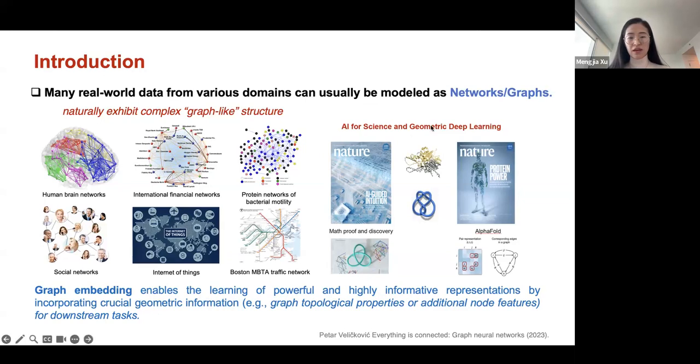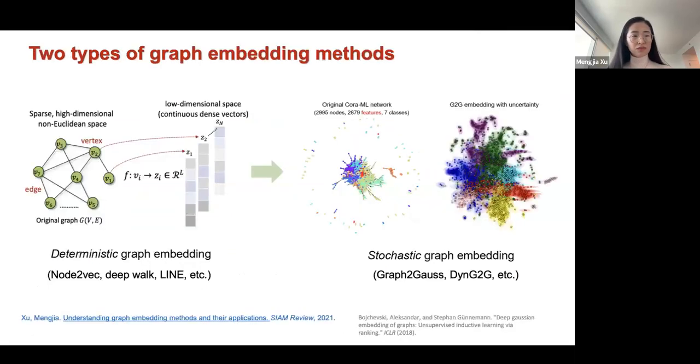I think everybody knows there are two important works proposed by DeepMind: the protein folding network AlphaFold, and another work on mathematical proof and discovery. They were both highlighted in Nature and Science papers in 2021 and recently. So it's very important work.